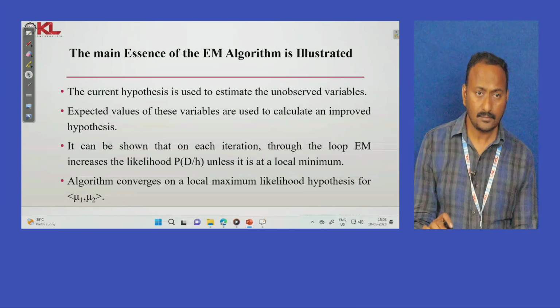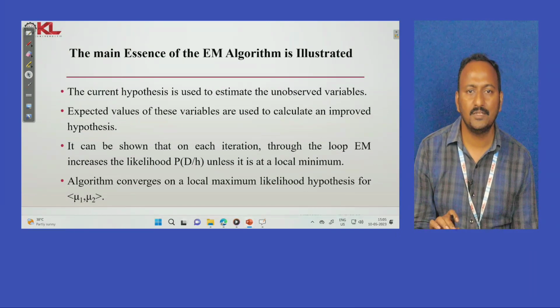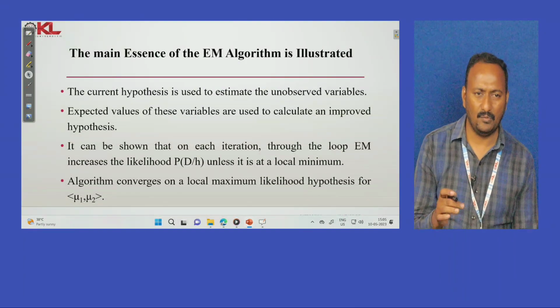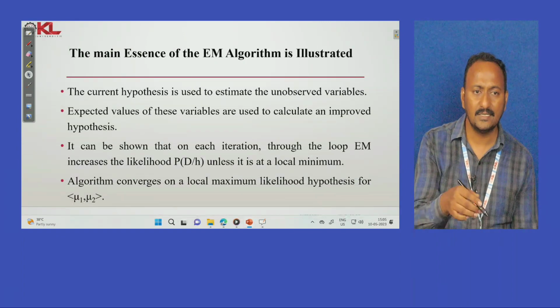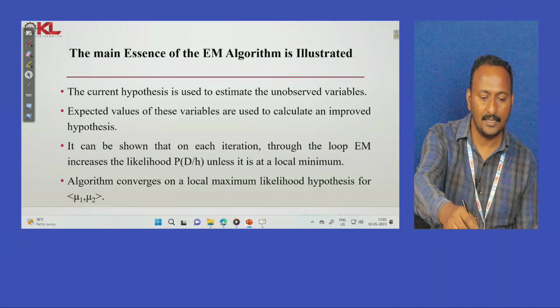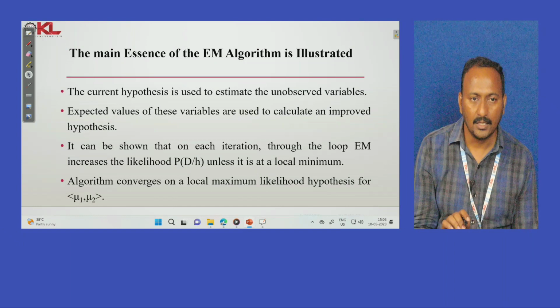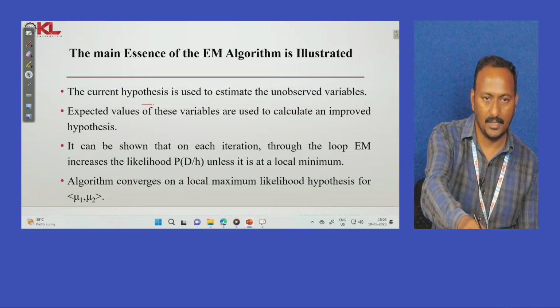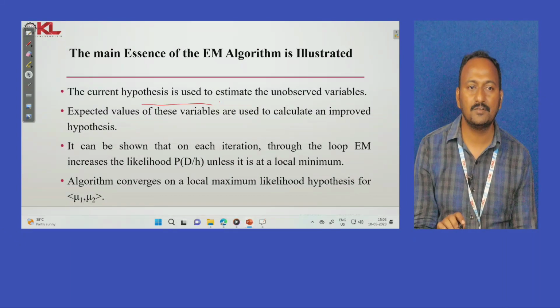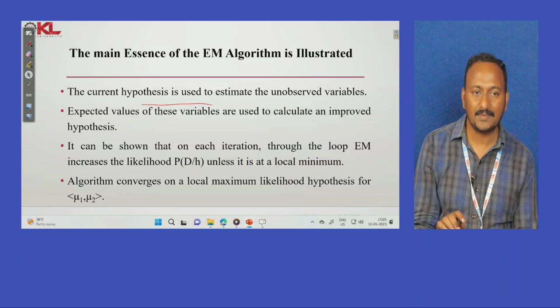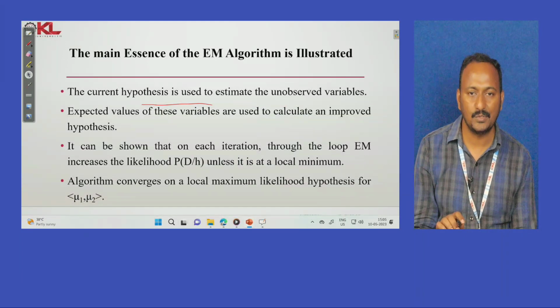Coming to the main essence of this EM algorithm, based on what we discussed, the current hypothesis is used to estimate the unobserved variables, and the expected values of these variables are used to calculate an improved hypothesis.